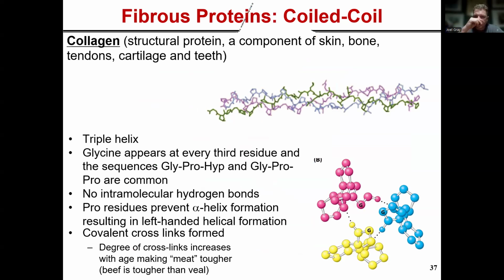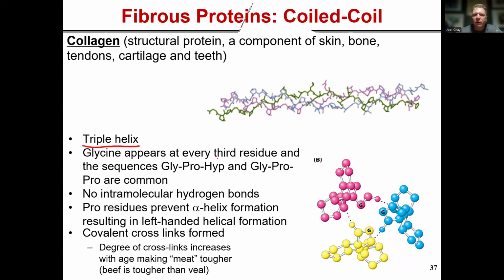There are proteins like collagen, a structural protein that's a component of skin, bone, tendons, cartilage, and teeth. This is a protein that forms what's known as a triple helix. That means it's 3 polypeptides that wrap around one another, and they form a helix of helices.